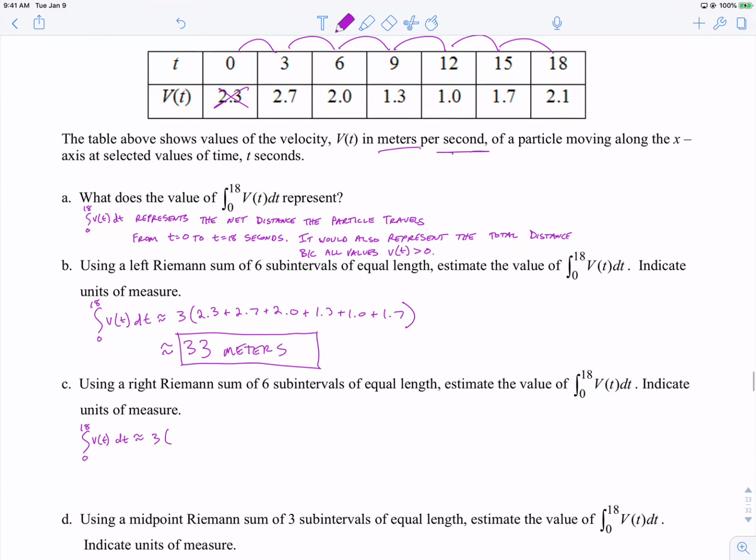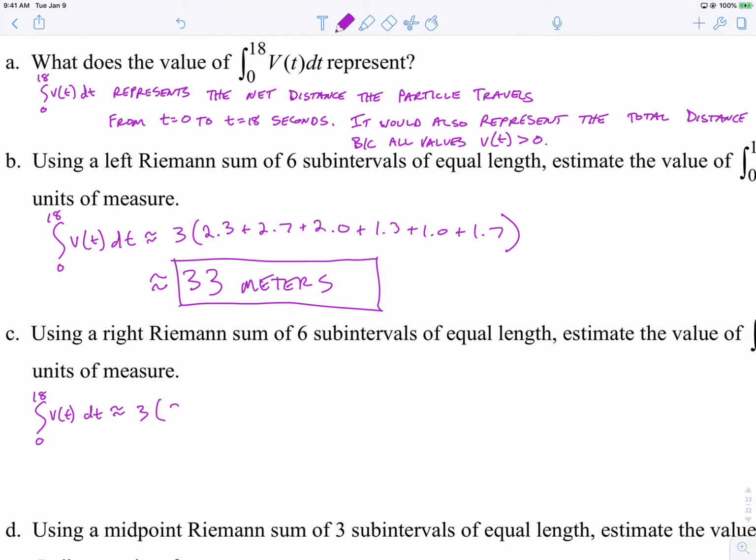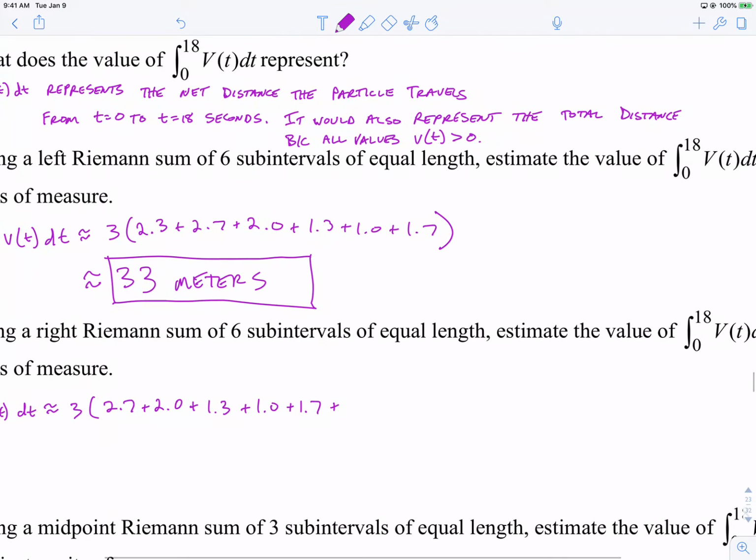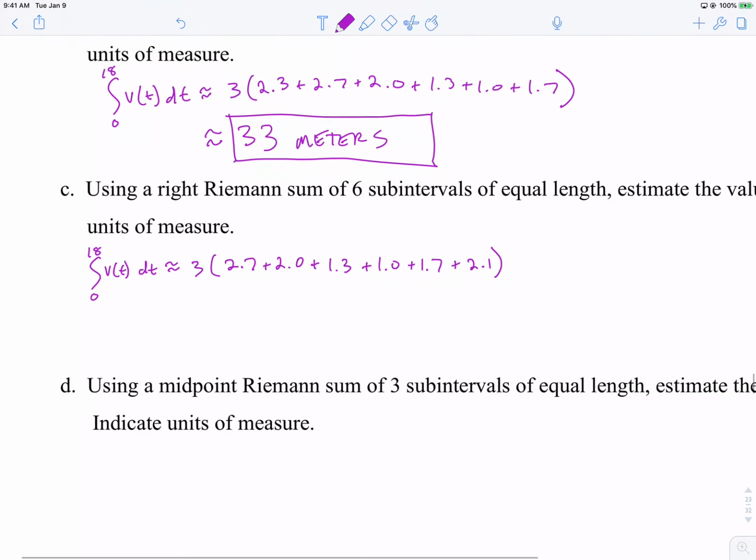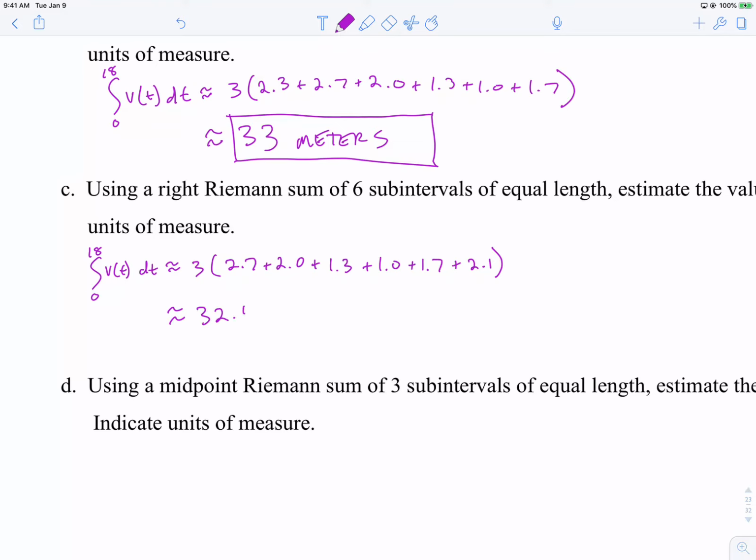Our first rectangle will have the height on the right side of its rectangle, so we're going to go 2.7 plus 2.0 plus 1.3 plus 1.0 plus 1.7 plus the last one, which is 2.1. All right, so that's going to work out to be 32.4 meters.